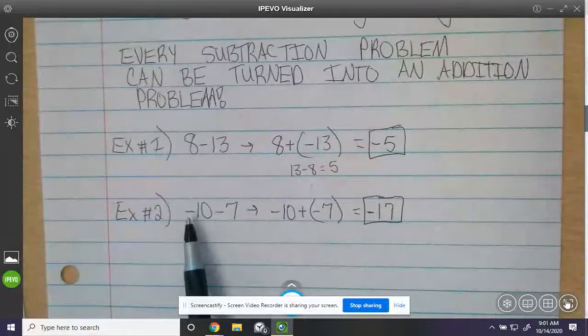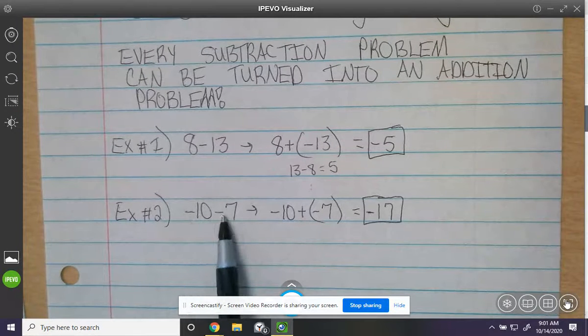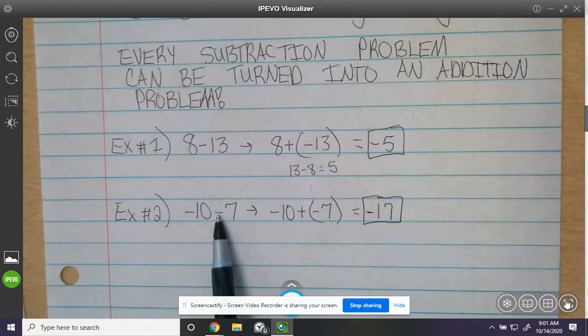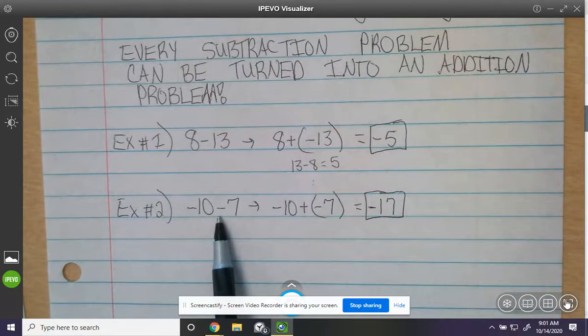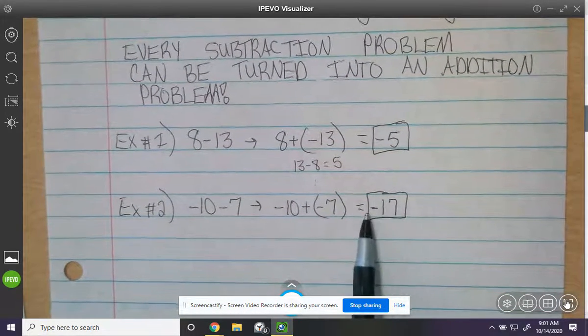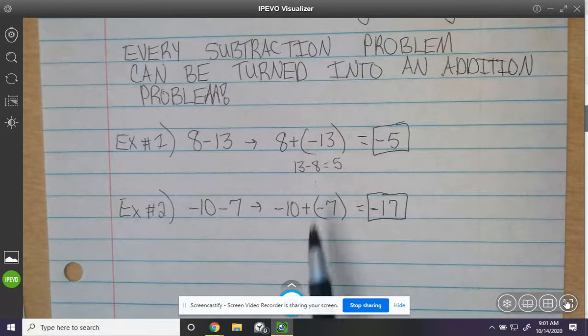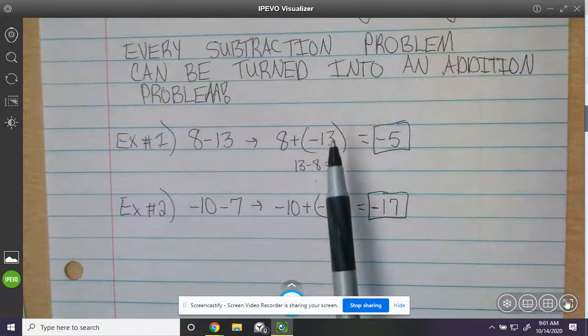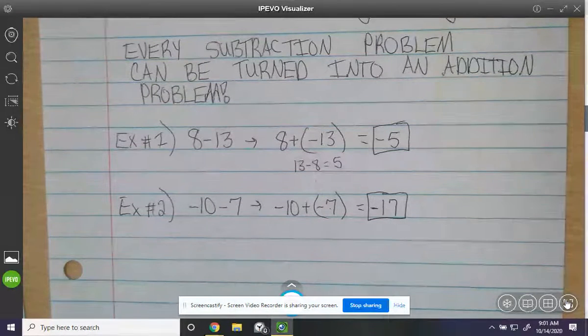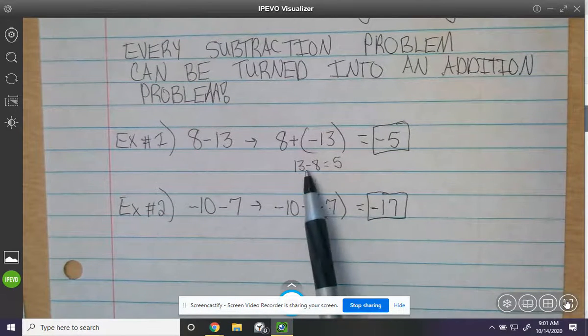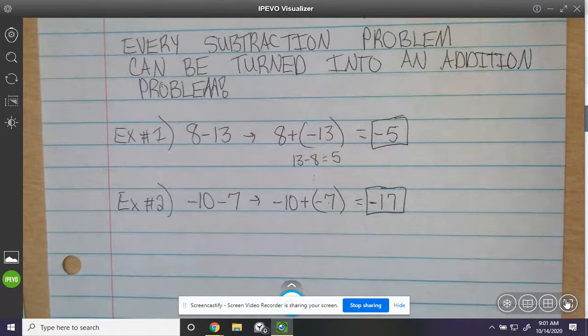I look at this. I have a negative 10, I have a negative 7, because a negative and a subtraction sign are the same thing. So they're both negative, so that's the same sign, so I just add them and keep the sign. So I will do this on the notes, but know that you don't have to do this step because it's really just looking at the signs and knowing different signs, I'm going to subtract, same signs, I'm going to add.